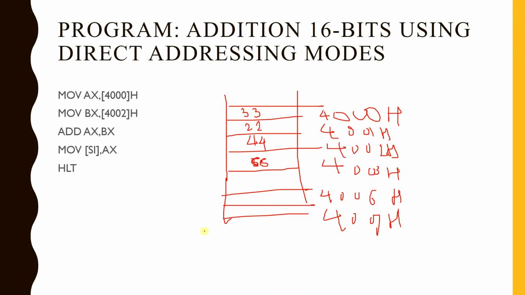So how is your number? Your number in AX is 2233. 22 is the higher byte, 33 is the lower byte. The number in BX is 6644.